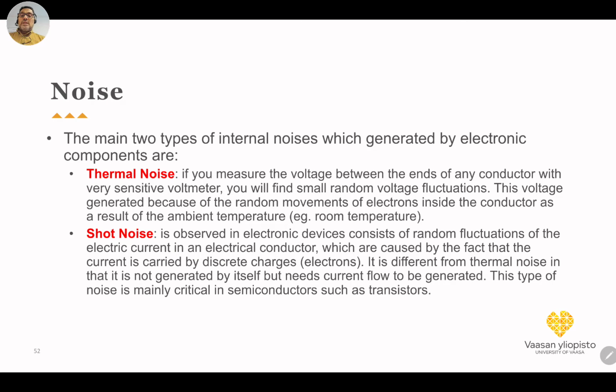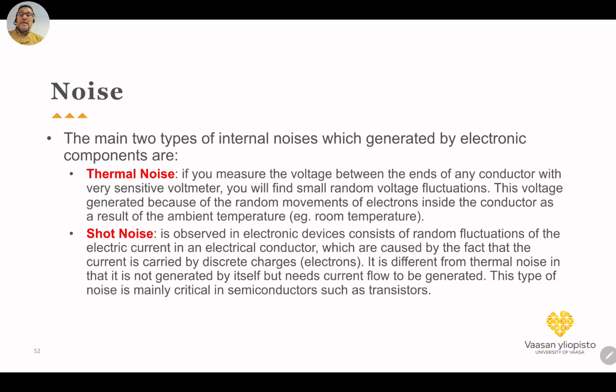This can be observed in semiconductors. In normal conductors, like wires or resistors, this can be completely random in both directions and cancel out. But in semiconductor junctions we can see it clearly; this is the shot noise. And the difference between shot noise and thermal noise is that thermal noise is always there, but shot noise is observed when there is a current flow.